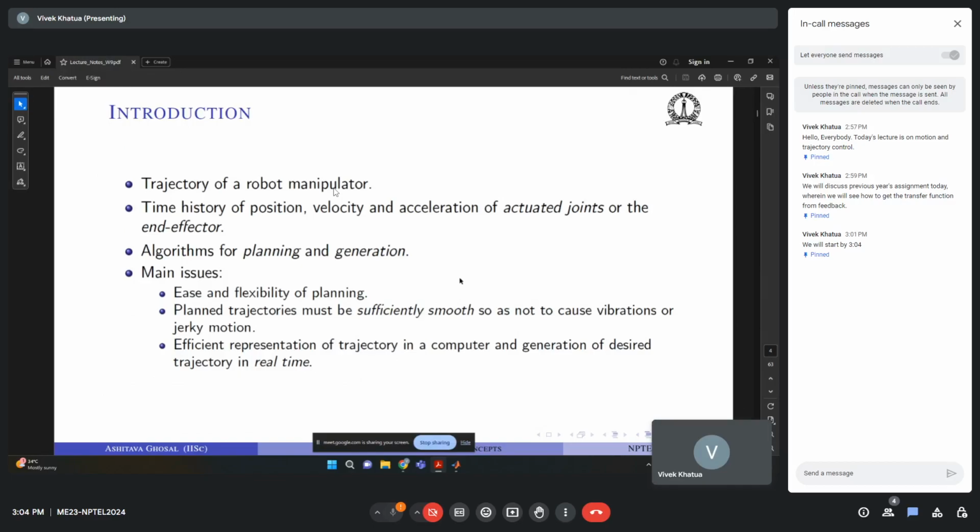So it needs to be there at a certain velocity, at a certain acceleration. That is what we are interested in. Then the second aspect is that the end effector must be imparting some amount of force. Force is what we are interested in, right?